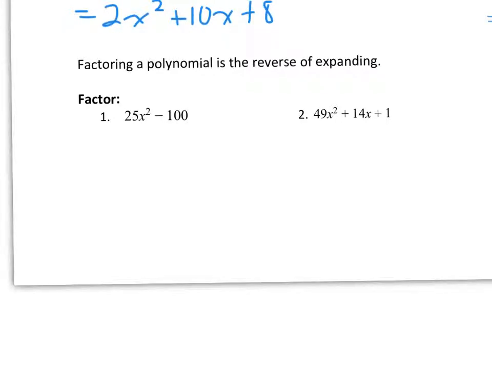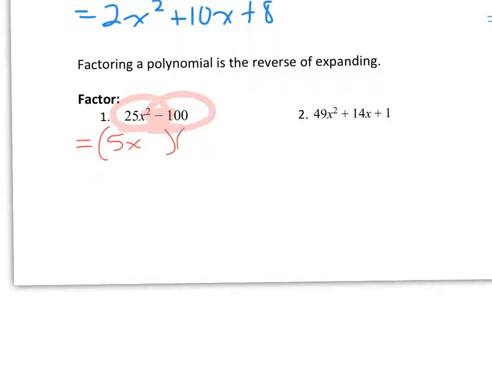So here are a couple of factoring examples of things that you can identify easily. Anytime I have a perfect square and a perfect square separated by a negative, I should immediately know that that is a difference of squares. And so when I have a difference of squares, I square root the first term, which 25x squared square rooted is 5x.